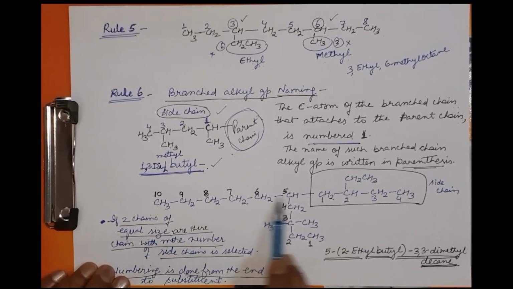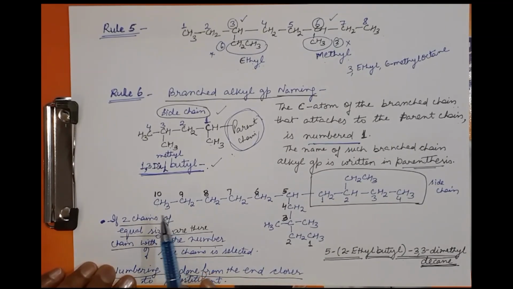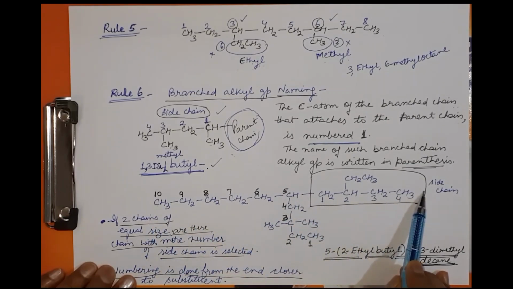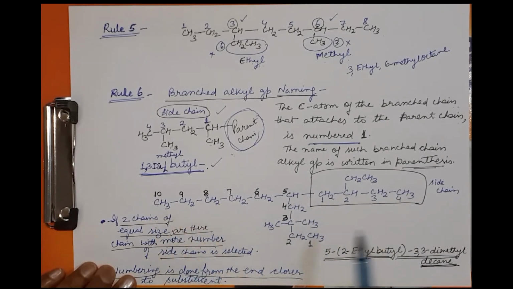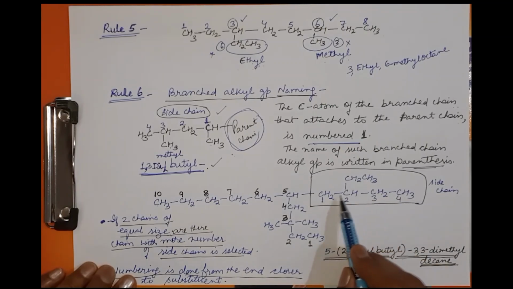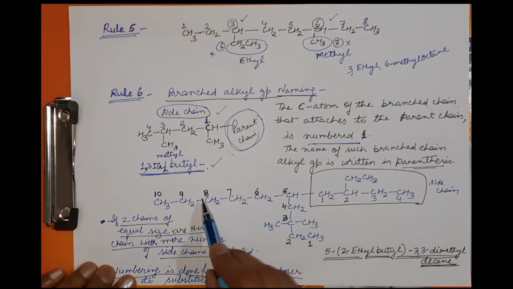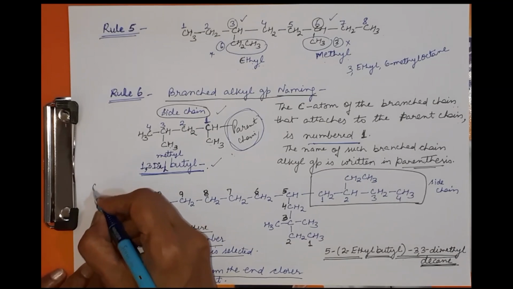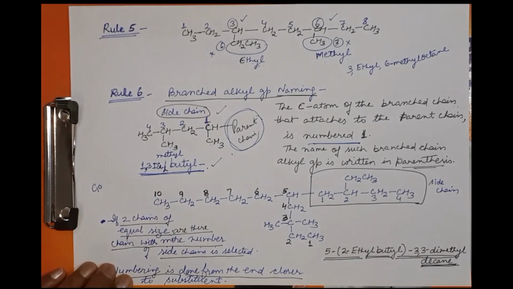So this is one very complicated looking compound. How to name it? Now, suppose we take the parent chain like this. Then we can see it will have 1, 2, 3, 4, 5, 6, 7, 8, 9, 10, a C10 chain.